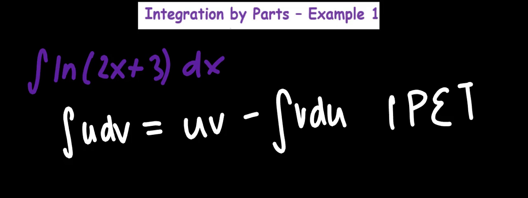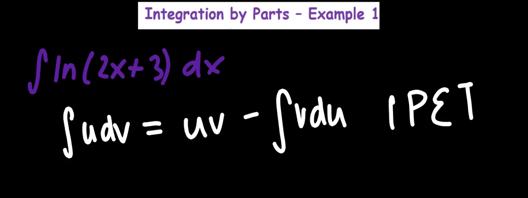If the integral does not have any inverse functions and it instead has a polynomial function, then that polynomial function will be your u. And if we have an integral with an exponential function and a trigonometric function, then it doesn't matter. Those two are interchangeable. Either one can be your u if you're trying to solve an integral with an exponential and a trigonometric function.